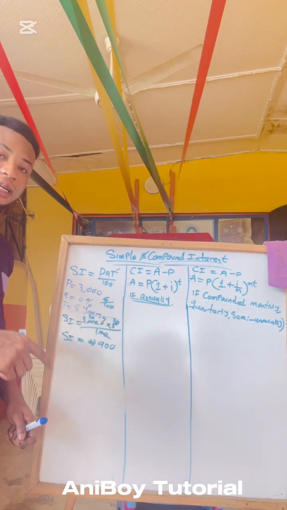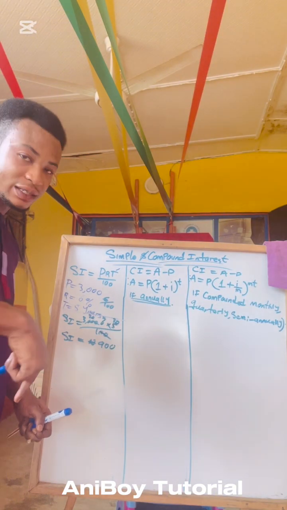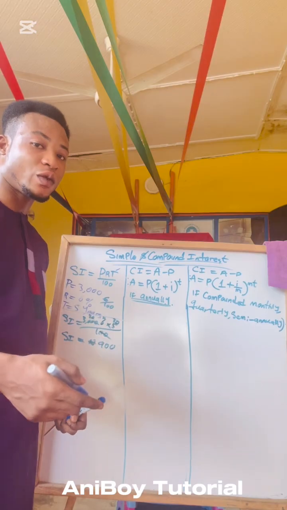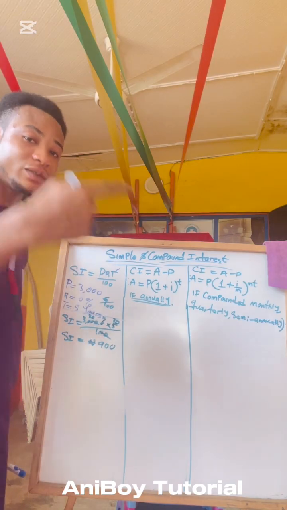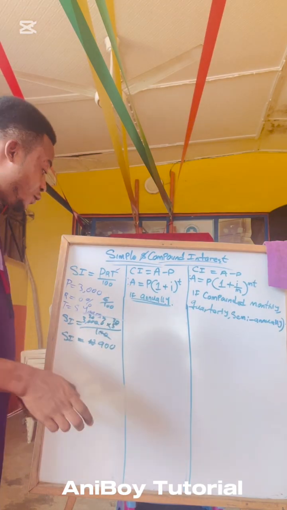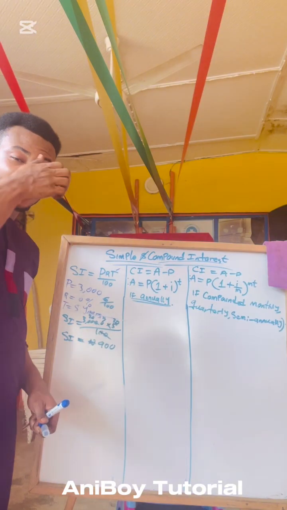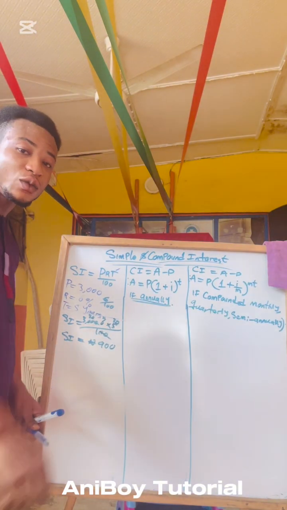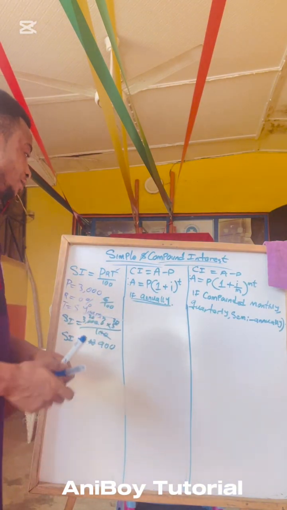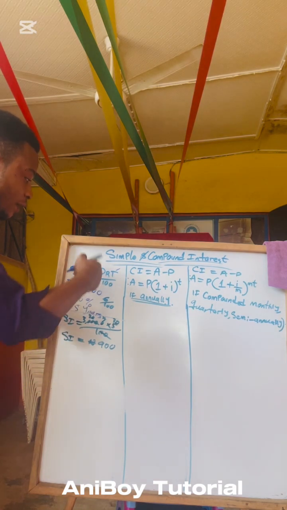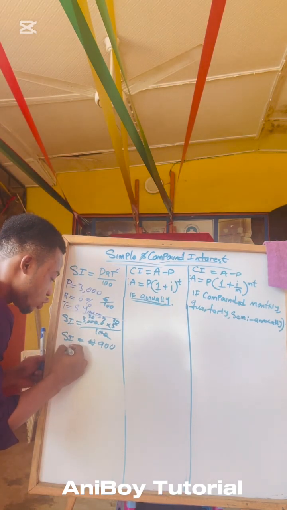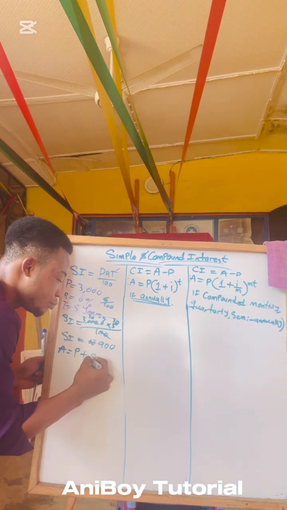Now, if you look at the question, we are not asked to find the simple interest. We are asked to find the amount that we are going to get if we invest 3,000 naira. If 3,000 is invested, what is the amount? That is, we are going to say amount equals principal plus simple interest.